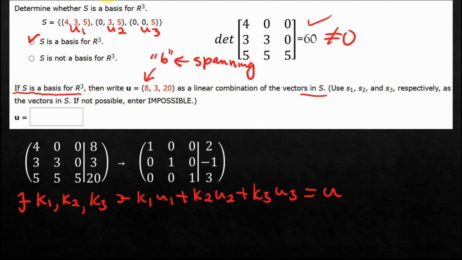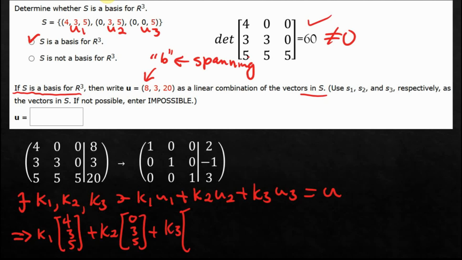So now that implies that I have this scalar times U sub 1, that's 4, 3, 5, plus K sub 2 times U sub 2, 0, 3, 5, plus K sub 3 times U sub 3, 0, 0, 5.